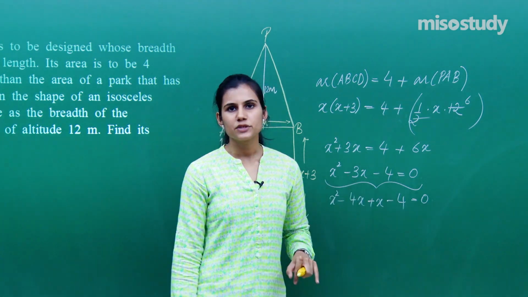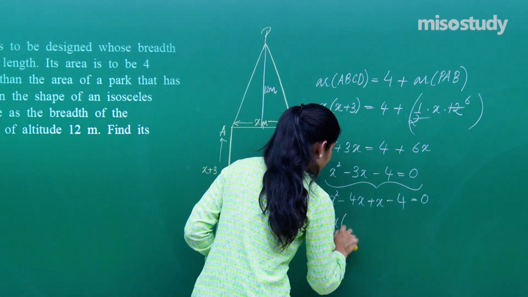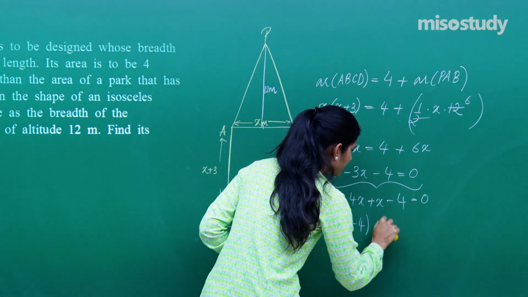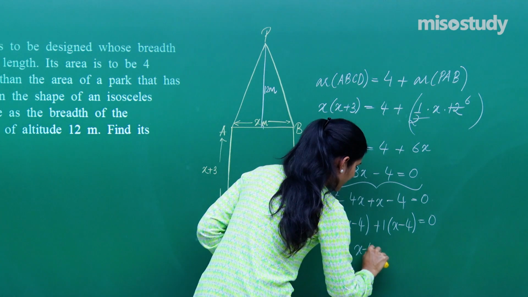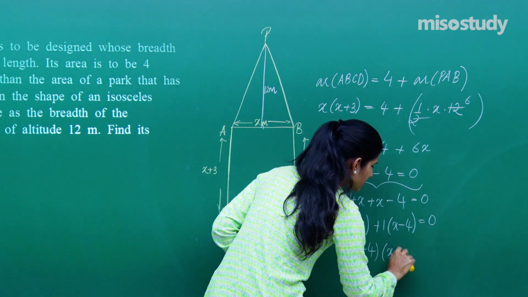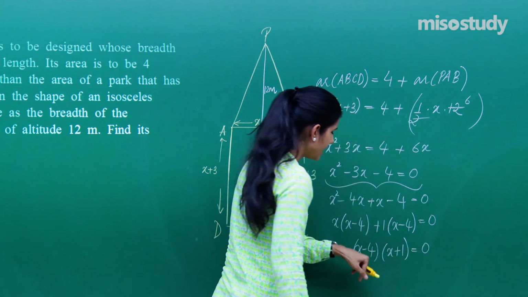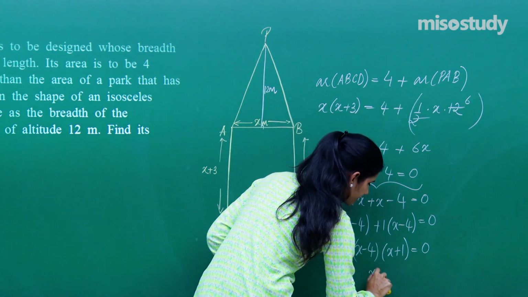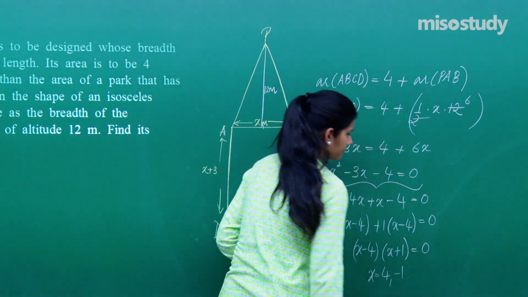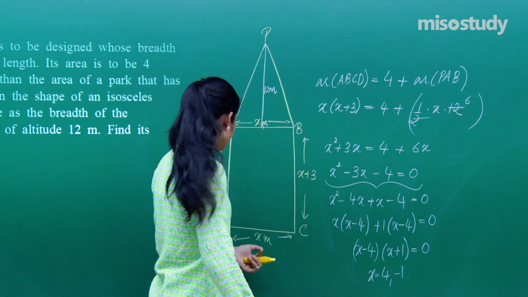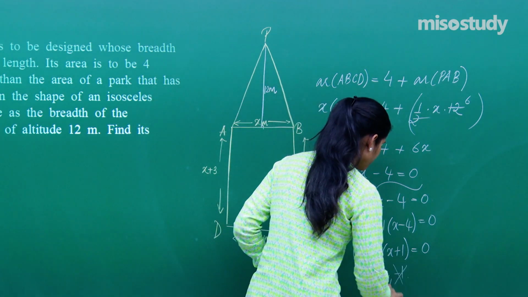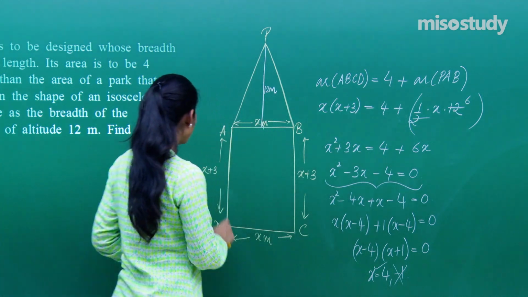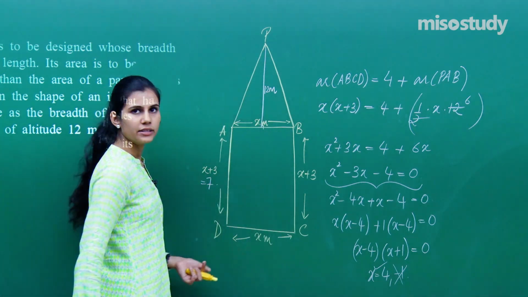Minus 4 into 1 gives you minus 4. So you have x into x minus 4, plus 1 into x minus 4. So you have x minus 4, x plus 1 equals 0. X is 4 and x is minus 1. Obviously, x is the length of a side of a rectangle, so it cannot be negative. So x is 4 and so length is 7.